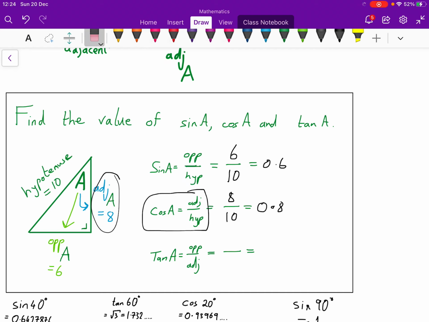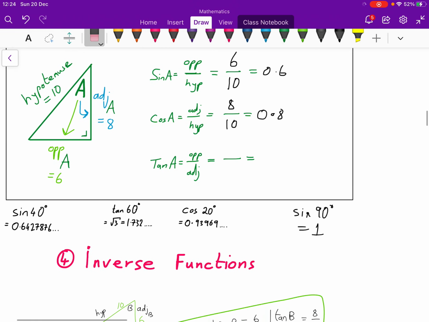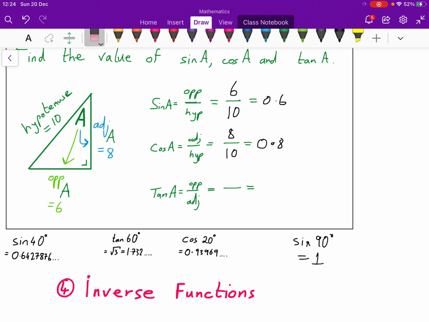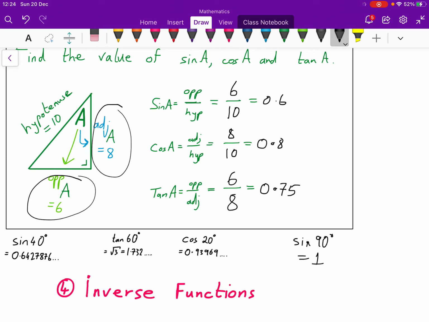So in this particular triangle, we divide the adjacent by the hypotenuse, we get 0.8, and we call that cos of angle A. And we'll learn more later, keeping it simple though. Okay, so tan of angle A is the opposite divided by the adjacent, so it's 6 divided by 8, that's 3/4 or 0.75.